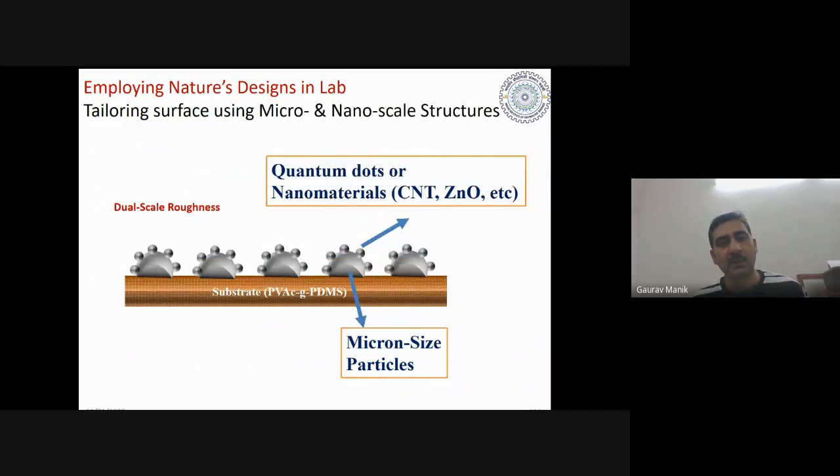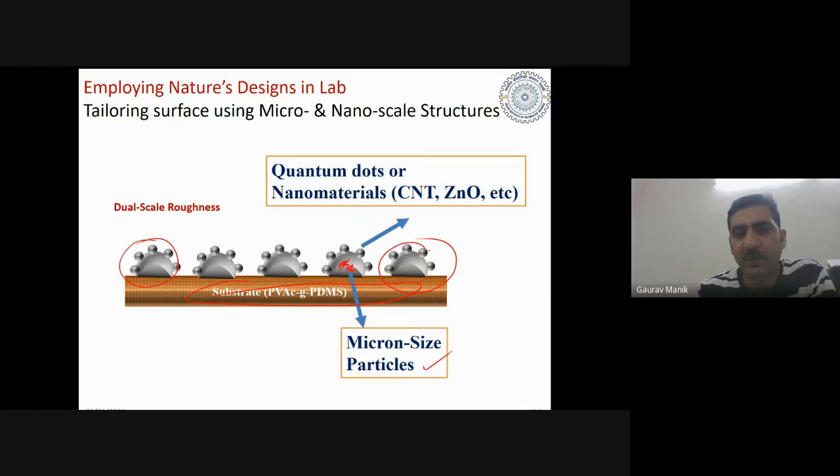So the whole concept is that you have to have a substrate which provides you some hydrophobicity, and you need to have some kind of a dual scale roughness. By dual scale roughness, what I mean is you're going to have some of these micron sized particles, which could be anything.